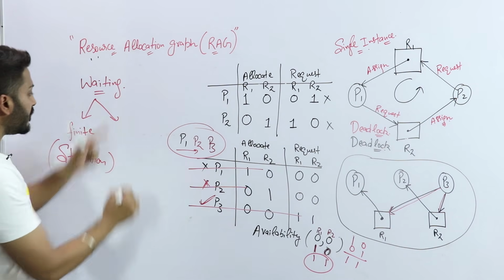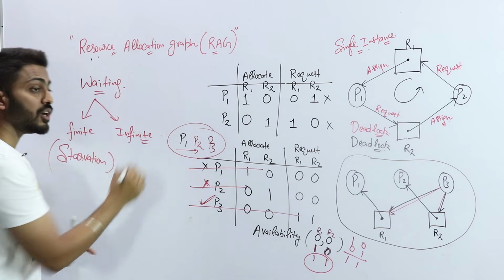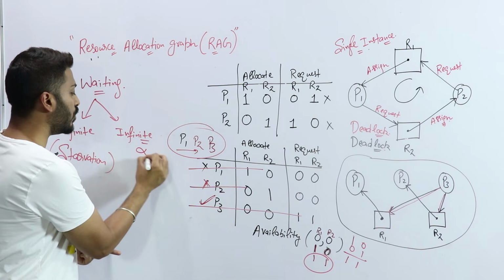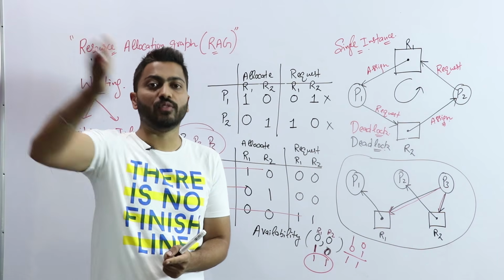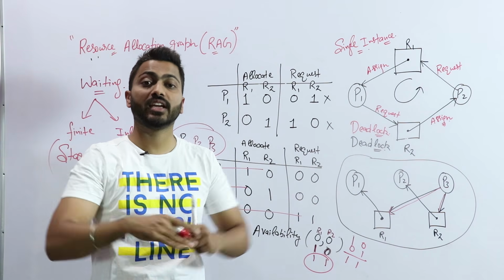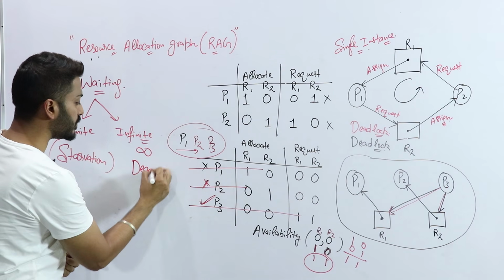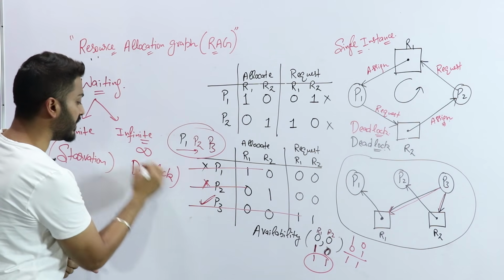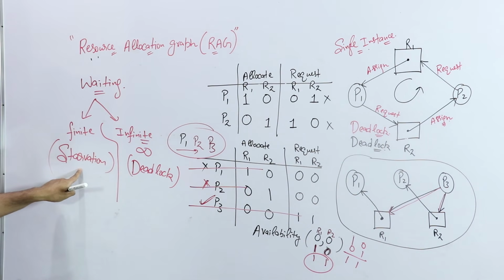And if the waiting is infinite, it means I don't know what amount of time a process will wait to get executed. That is infinite. So that is called the deadlock. This is the very important part. If it is finite, we call it starvation.